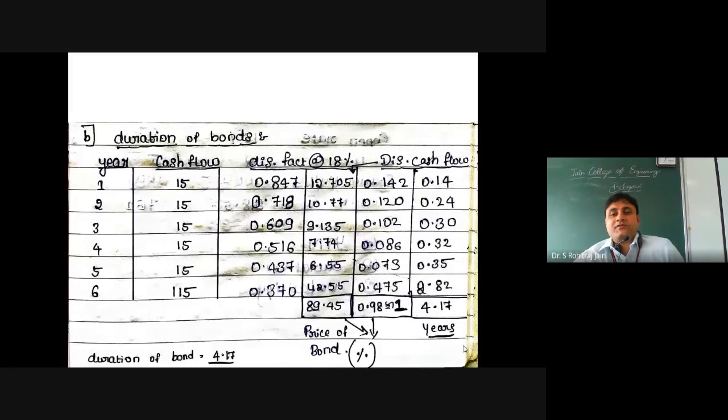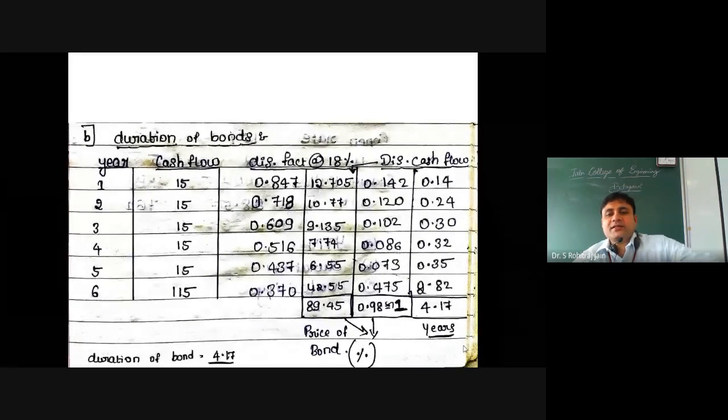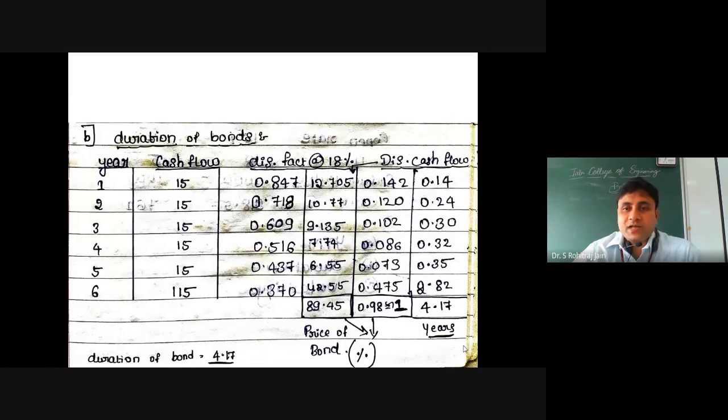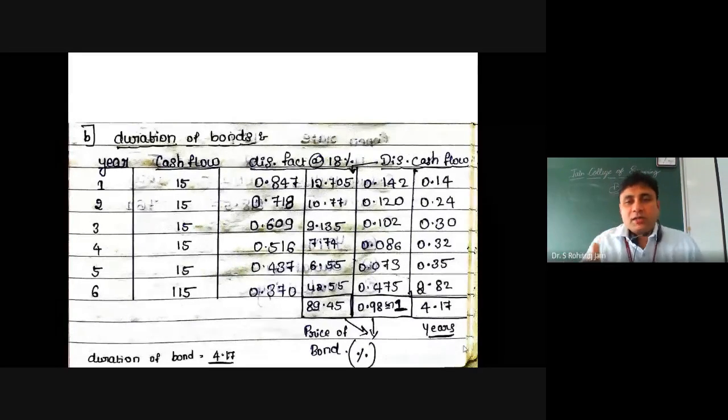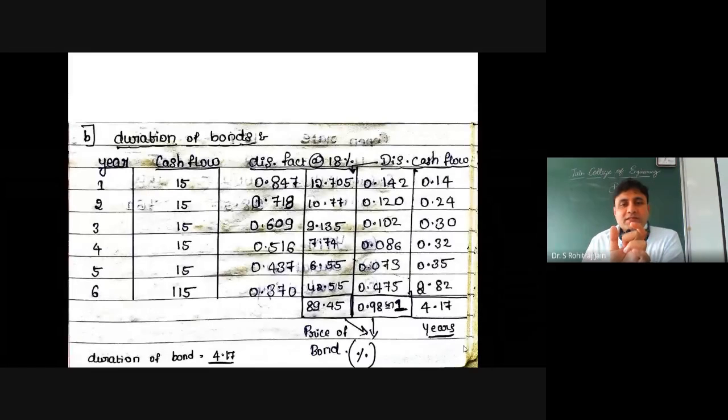Then the fifth column is concerned, that is the discounted cash flow. What I'll do, please note students, 12.705 divided by 89.45, I get 0.142. I'm repeating once again how I'm getting the fifth column. 12.705 divided by 89.45, I get 0.142.